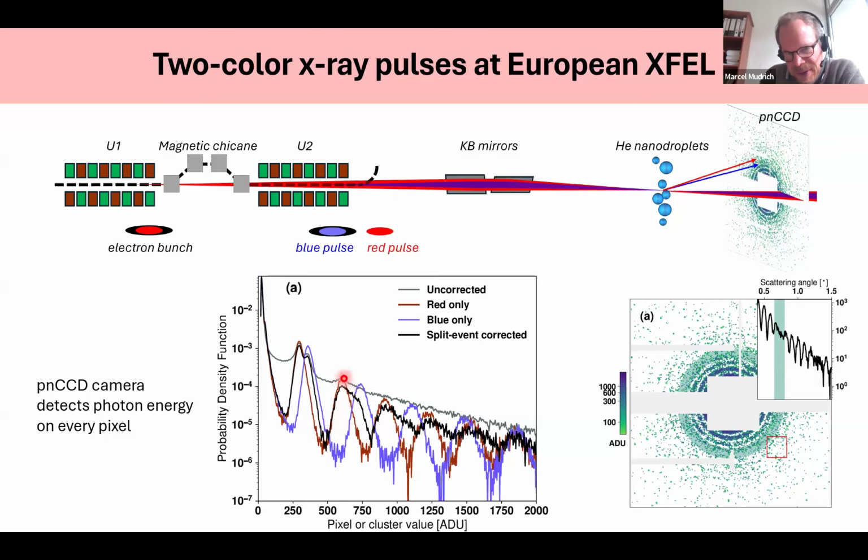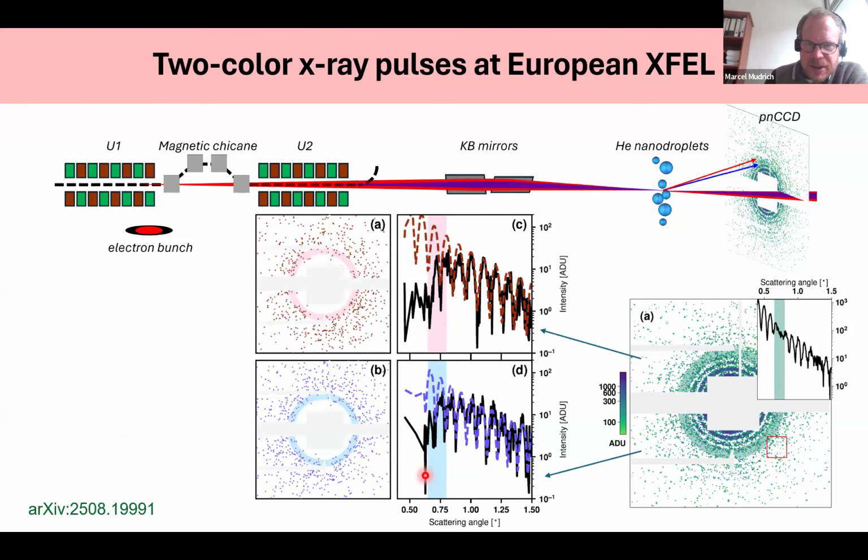That produces these peaks at roughly twice the value of the single photon hits. And then there are events with three photons and so on. So this allows us to filter the data for this ADU value, the pixel brightness, and to try to reconstruct from this one image, created by the scattering of the pulse pairs.